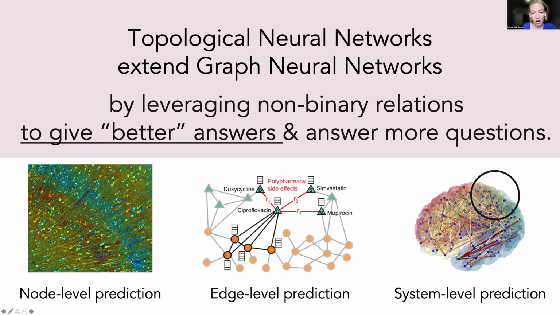So maybe it's going to draw what we could call a hyperedge, meaning an edge that has several nodes inside it, which I have circled here in black. And from the correlations between all the nodes within that hyperedge, we can make a system level prediction that has better accuracy than what could be done with a graph neural network.